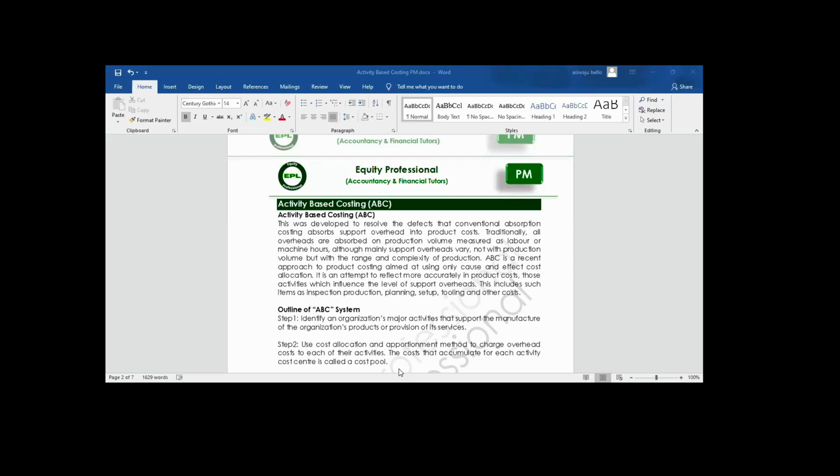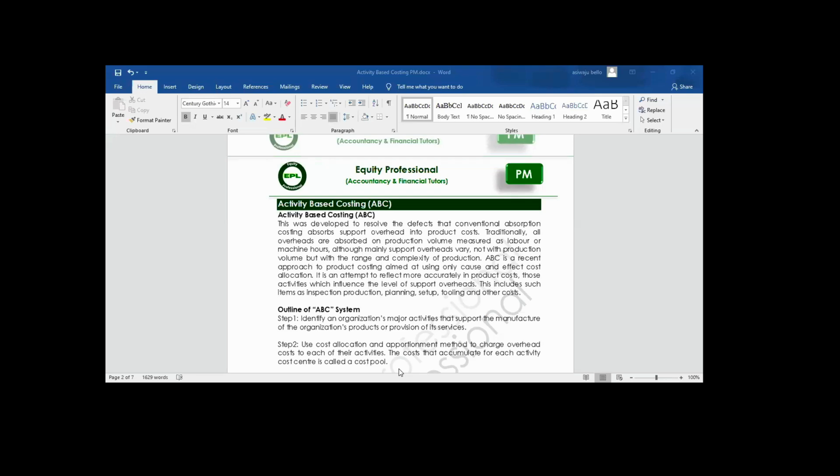The addition of direct material cost, direct labor cost, and direct expenses is what we call prime cost.